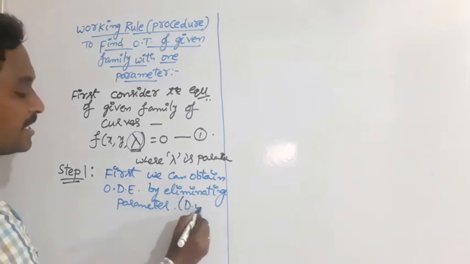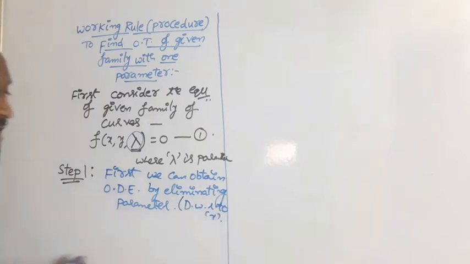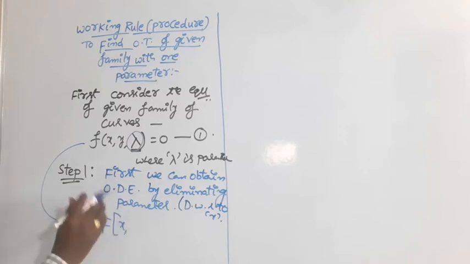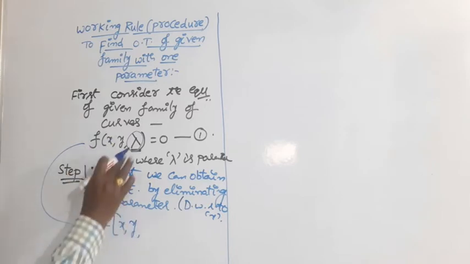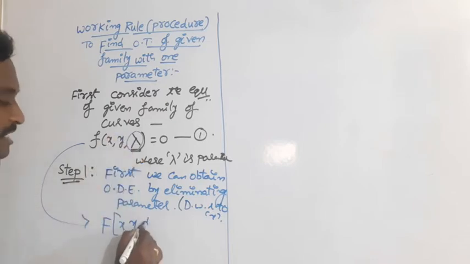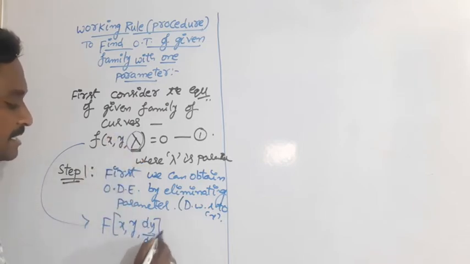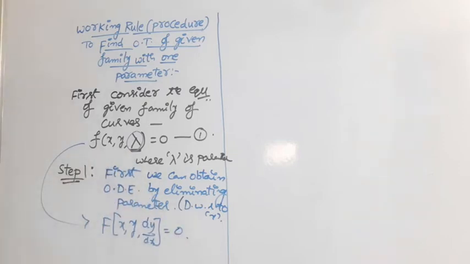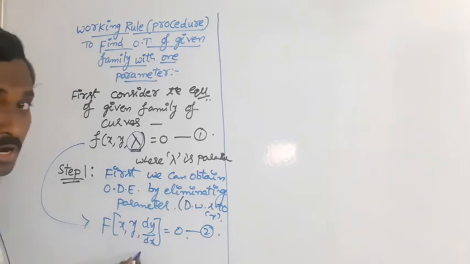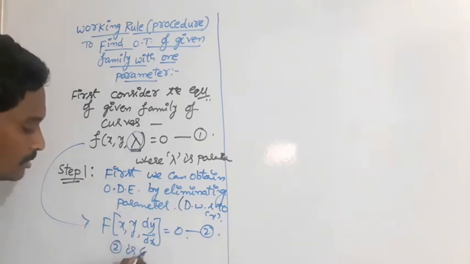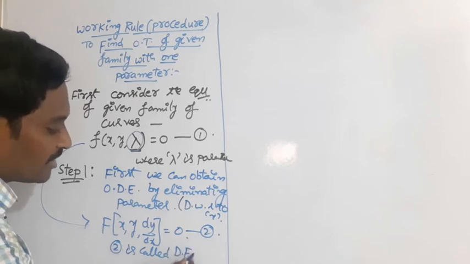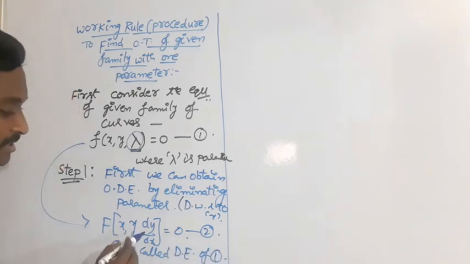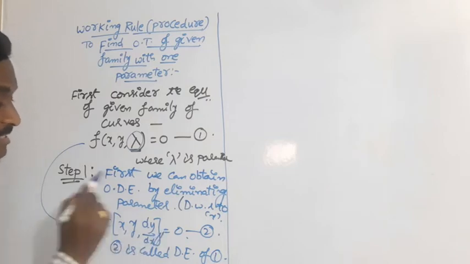So you will get another equation. You will get capital F of x, y, and dy by dx, but lambda is not involved. Lambda is eliminated. So dy by dx appears in this equation instead of lambda. Call this equation 2. Equation 2 is called the differential equation of 1. Don't forget one thing: dy by dx means slope.